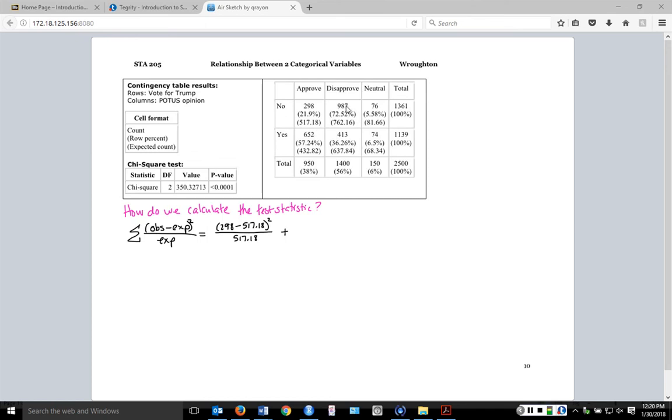This time the 987 is my observed, and the 762.16 is the expected. Move over to the next cell, so the 76, and then the 81.66. And now I gotta do the same thing for my next row of numbers. So my 652 and the 432.82.